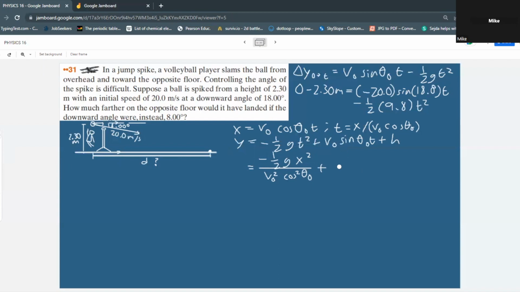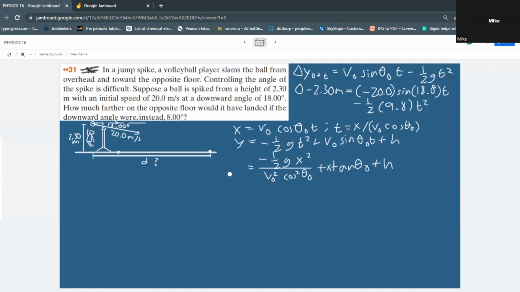Sine over cosine, tangent theta x. Plus h. Wala nang t, kasi ini-eliminate natin yung t in favor of x. Okay, ngayon, meron tayong y in terms of x. Quadratic equation siya.